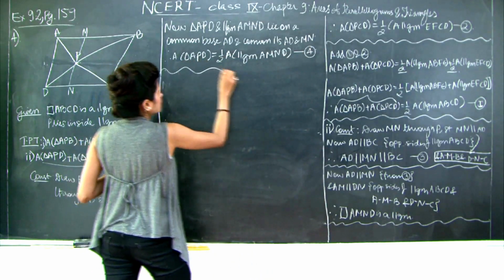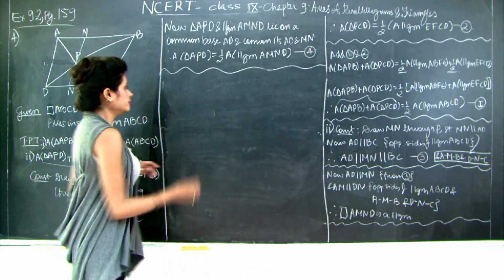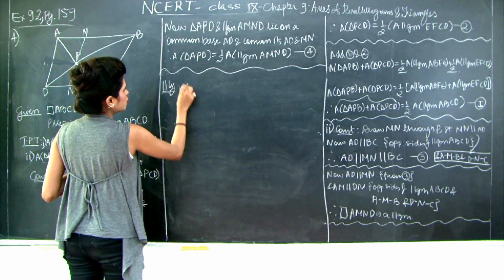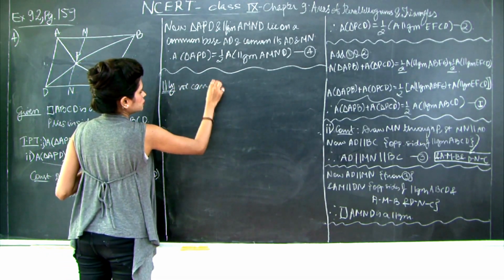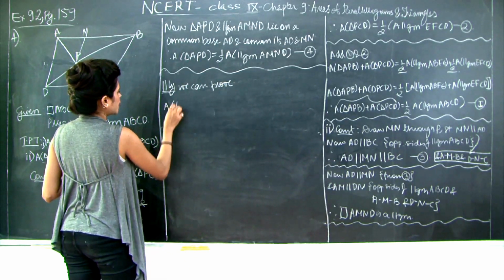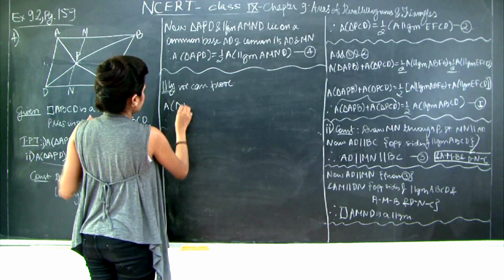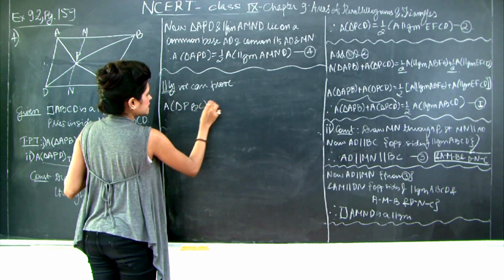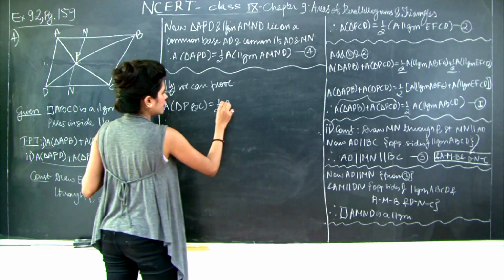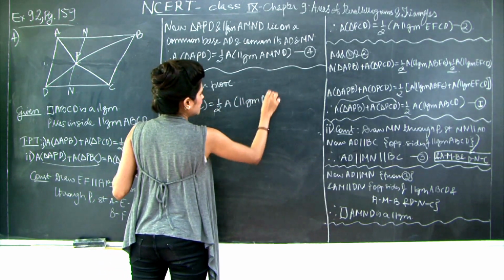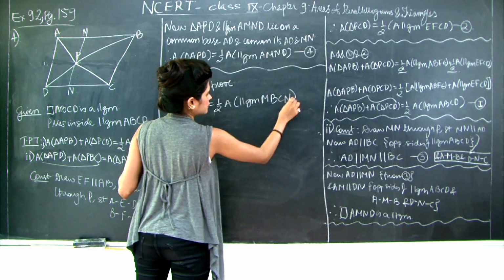Now I am going to say similarly we can prove that area of your triangle PBC is equal to half area of your parallelogram MBCN.